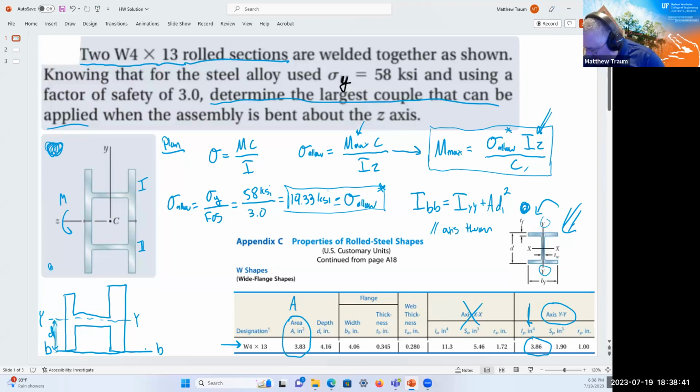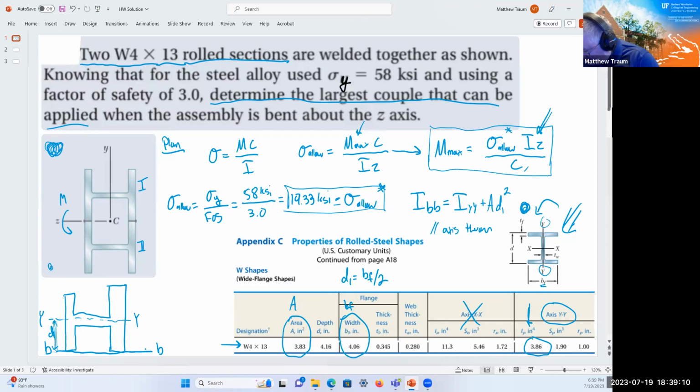So what in the heck is this D1? Well, it's basically half the height of this guy from Y to B, which over here, if I look very closely, is BF over 2. So I'm actually looking for that dimension BF. Aha, there it is. And so D1 is just BF over 2, right?